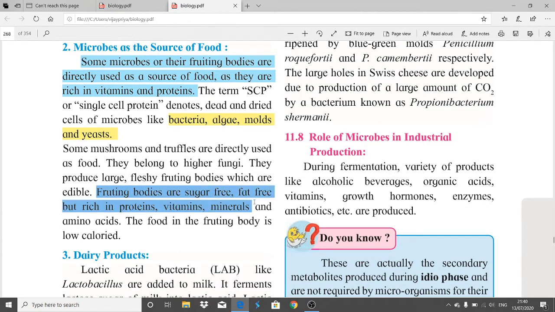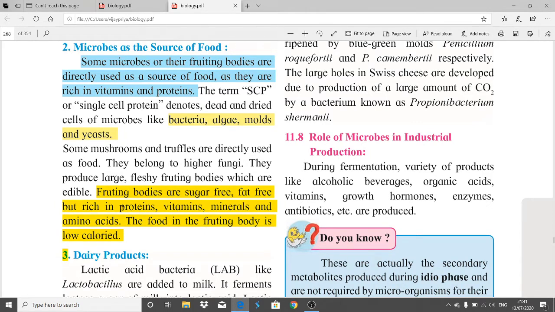That is again a very important part, why mushrooms are so likable, why they are eaten all over the world: because fruiting bodies are sugar free, fat free, but they are rich in proteins, vitamins, minerals and amino acids.